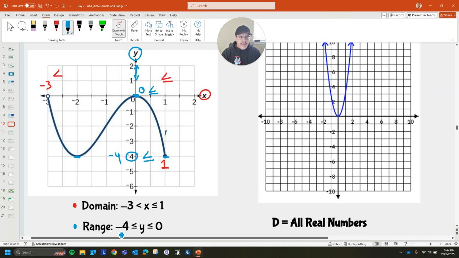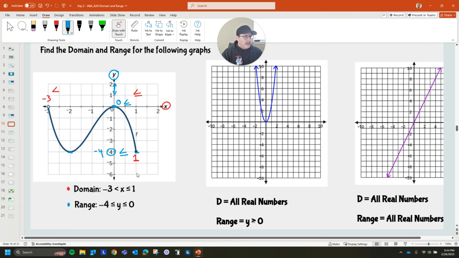So our range is going to be -4 is less than or equal to y is less than or equal to 0, which in layman's terms, all the numbers between -4 and 0 for the y-axis, including -4 and 0. So this is probably the hardest it's going to be, when you have a segment of a line that you have to get all the different parts of the domain and ranges for, continuous.